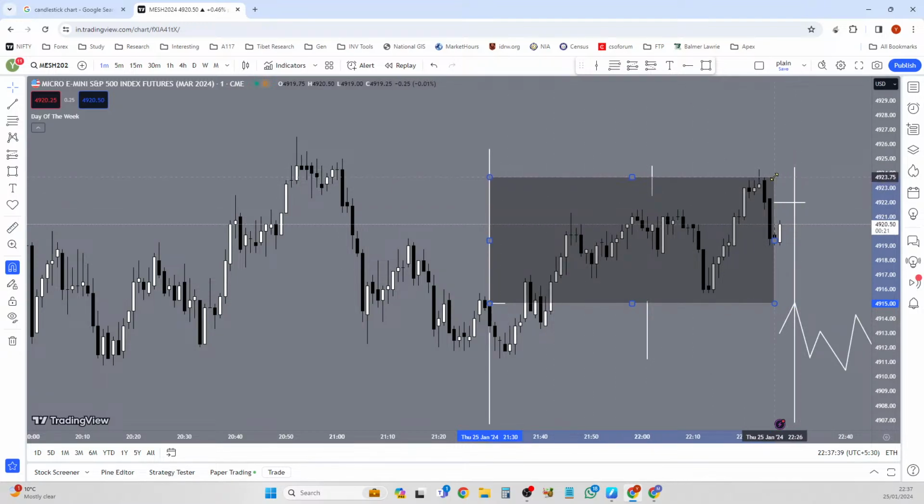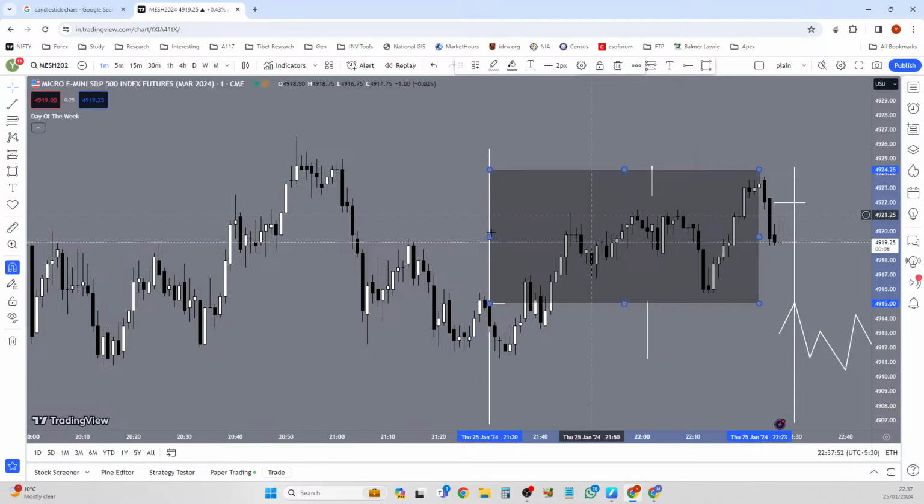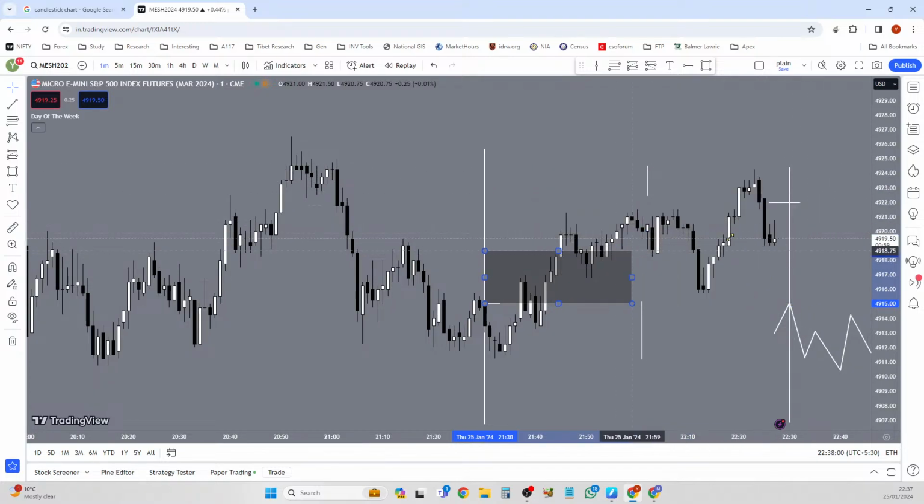But let's say I move it over here and I leave it. It snaps right to the high over here. So wherever I'm leaving this marker, it is getting aligned to the nearest level that is there on the chart. But when I don't want that snap alignment, I switch it off, and then I'm free to move wherever I want, and it doesn't move at all.